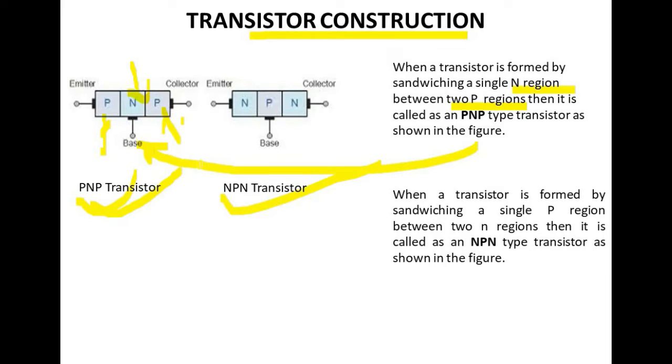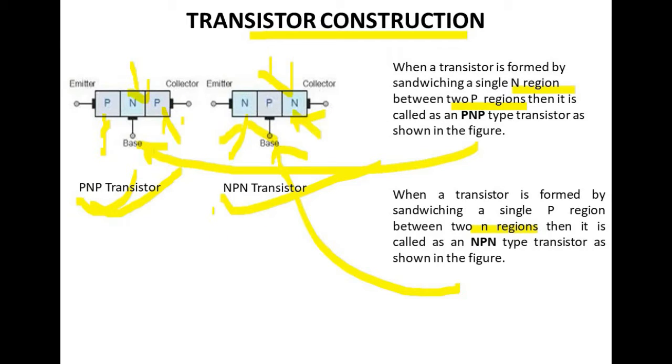Now come to the NPN transistor. When a transistor is formed by sandwiching a single P region between two N regions, then it is called an NPN type transistor. In this figure, we see that a single P region is sandwiched by two N type regions.